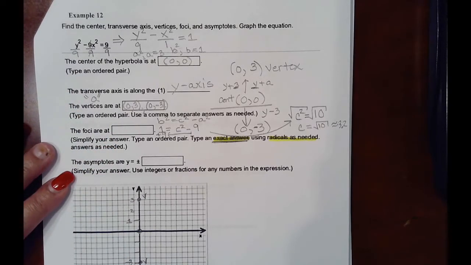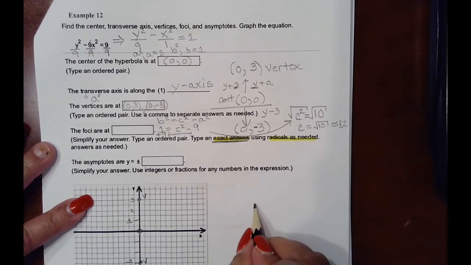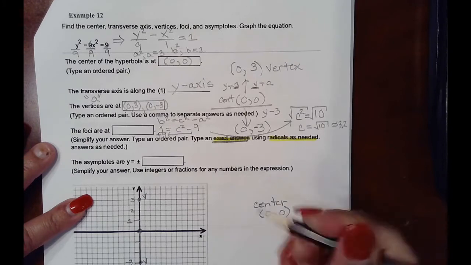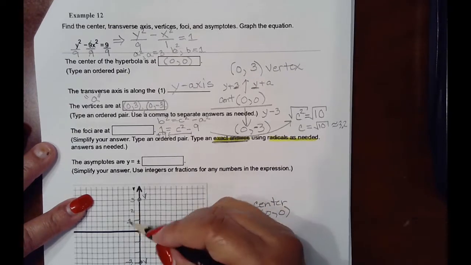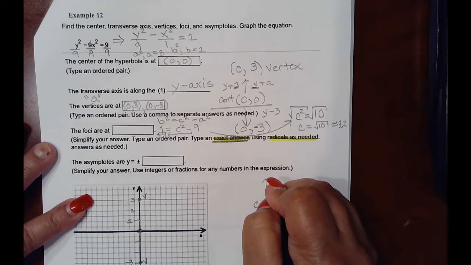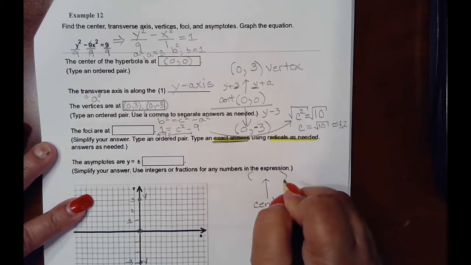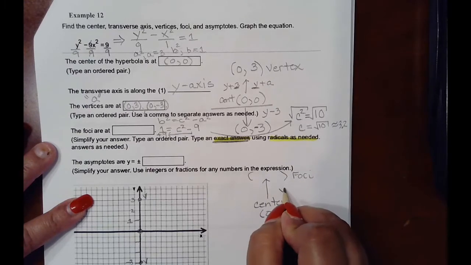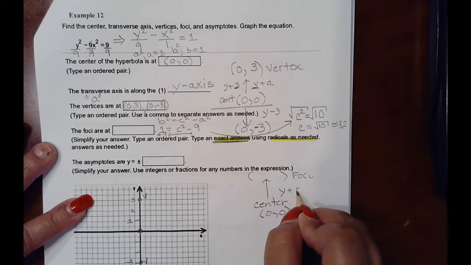So our foci are going to be on the y-axis. That means that we are going to be going from the center, which is located at 0, 0. Just like we were going up and down to get to either of the vertices, we're going to be going up and down to get to either one of the foci. It's just that now we're going up and down using the c value.